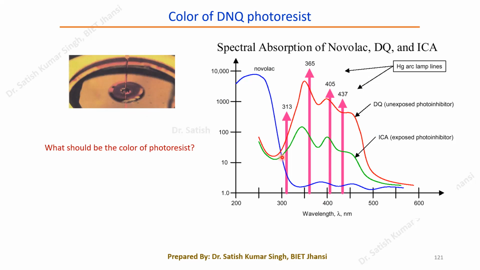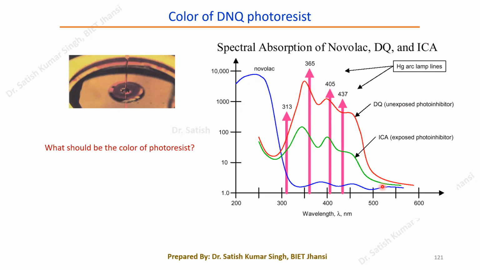Here you can see the spectral absorption characteristics of our Novolac, DNQ, and the carboxylic acid, which is formed after the exposure. It is known as indene carboxylic acid. The blue curve is for your Novolac.